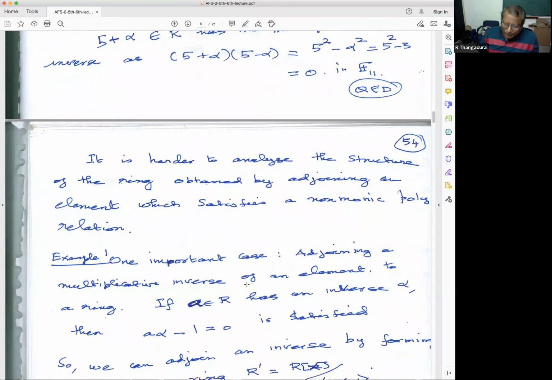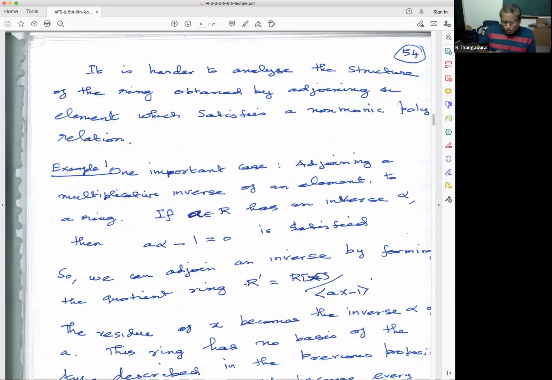So far, the main important case, as we said, we looked at was adjoining an element to a ring, where that element satisfies a relation with a monic polynomial. Why we are looking at monic is, first of all, we are using the division algorithm.